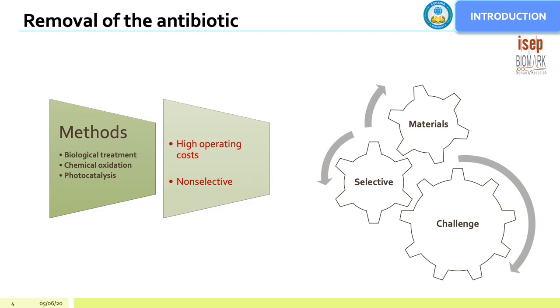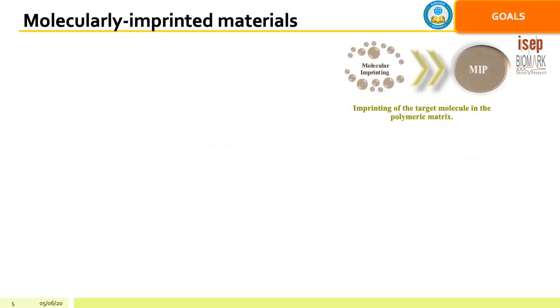So the challenge here is developing a material that is able to recognize and bind antibiotics with high affinity and selectivity. Thus, this work intends to develop a selective material based on a molecular imprinting polymer by using a molecular imprinting technique.